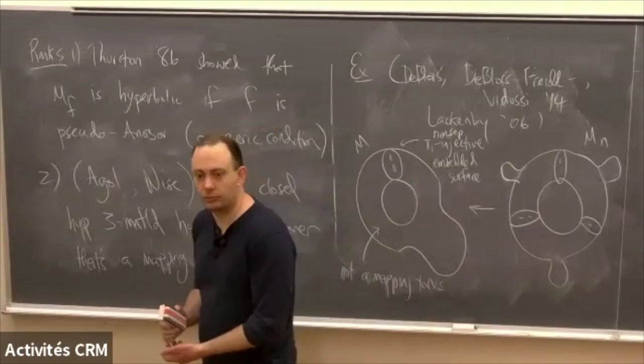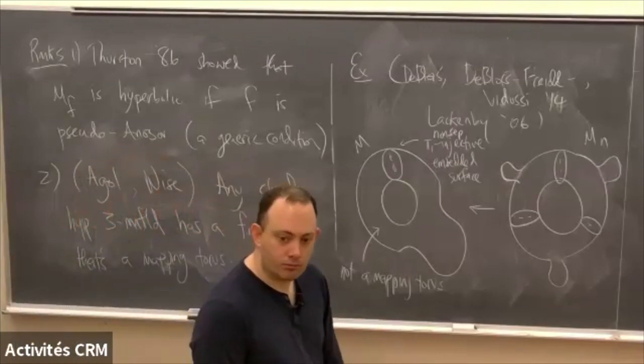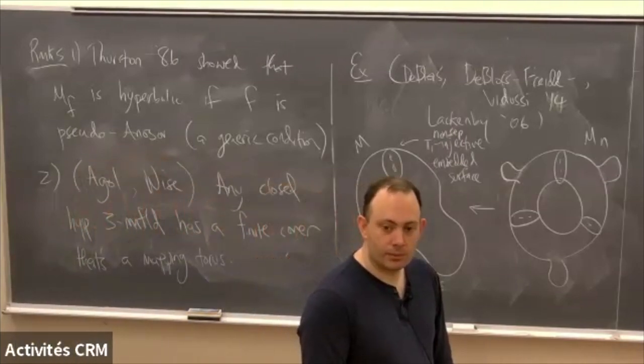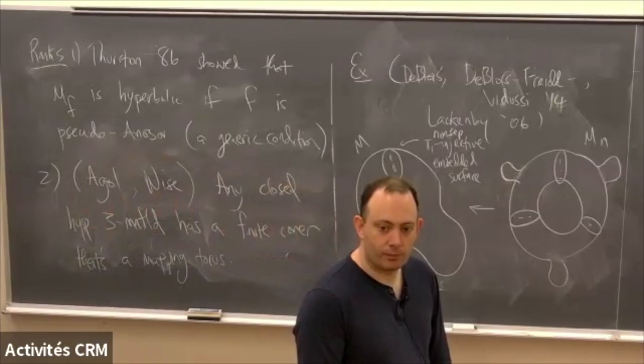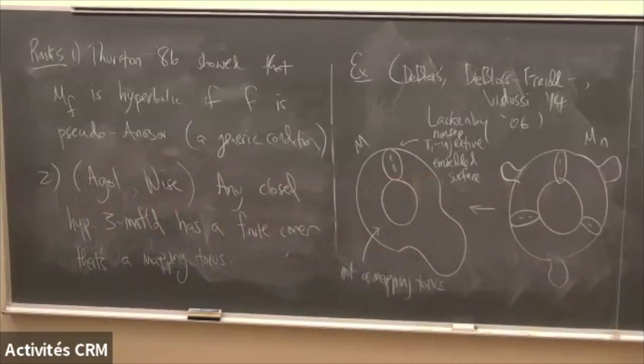How do you see the Heegaard genus when you have a subgroup? Like algebraically, is that what would be the algebraic analog of the Heegaard genus? Well, I don't think so.